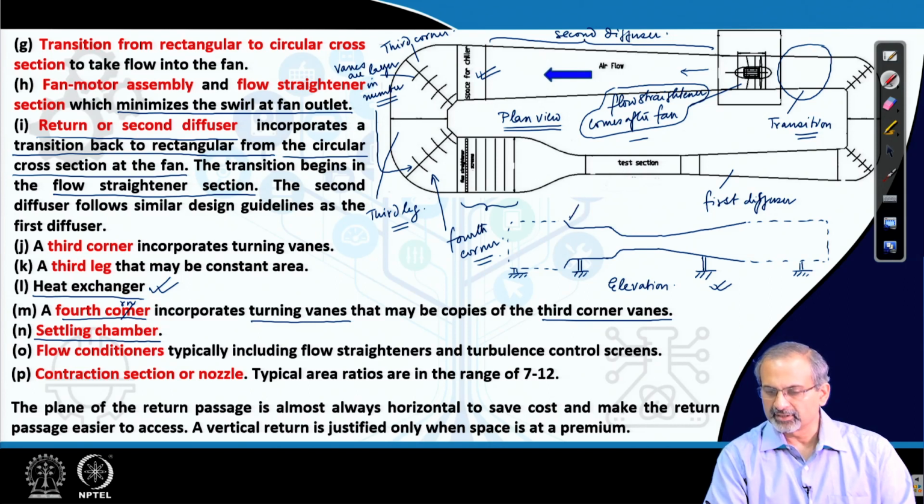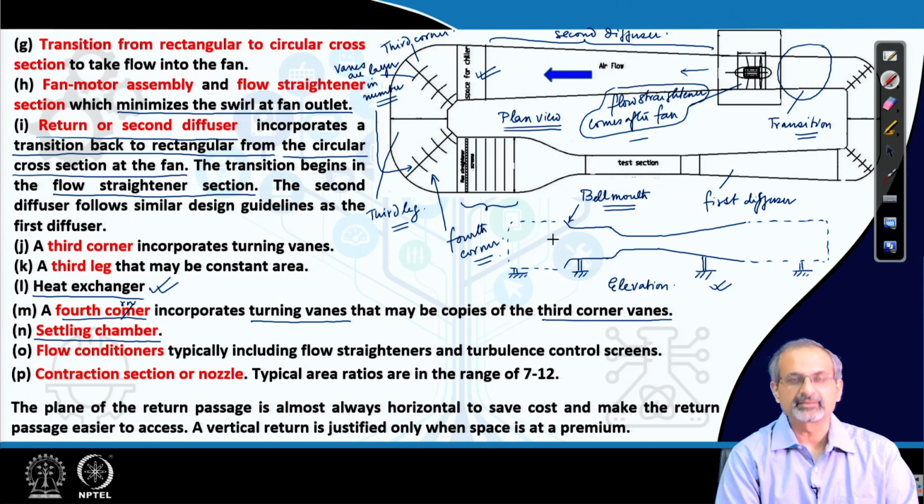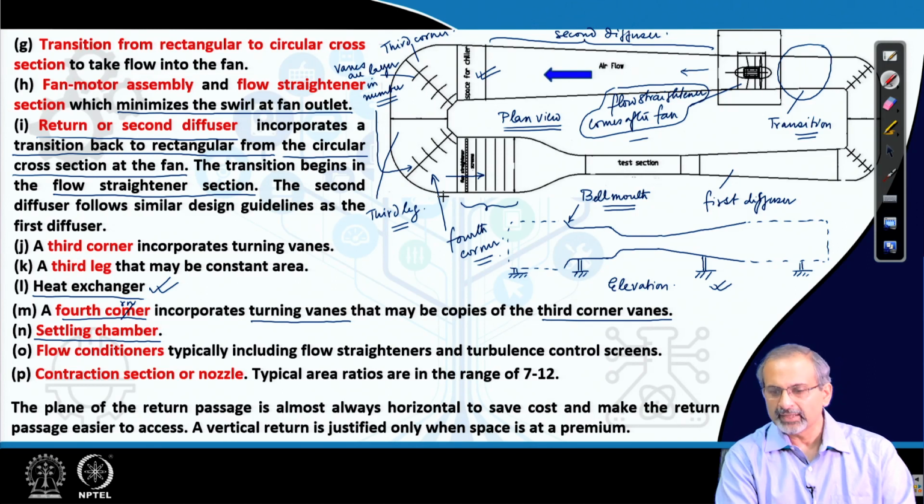Going back to the open circuit one, we often call this a bell mouth, which ensures smooth flow of air from the surrounding into the settling chamber. Here, of course, in the case of closed circuit tunnel, there is no question of a bell mouth. The flow is coming from the fourth corner, turning and then making its way into the settling chamber.